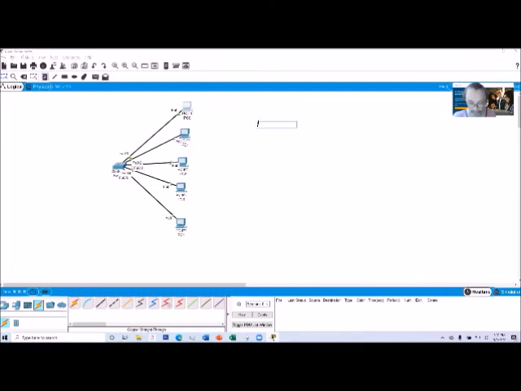Let's try to use the address of 198.11.200.0 network. And we know this is a class C, therefore, the subnet mask is 255.255.255.0. And take note, starting IP address, by best practice, you start with .10, not .1.